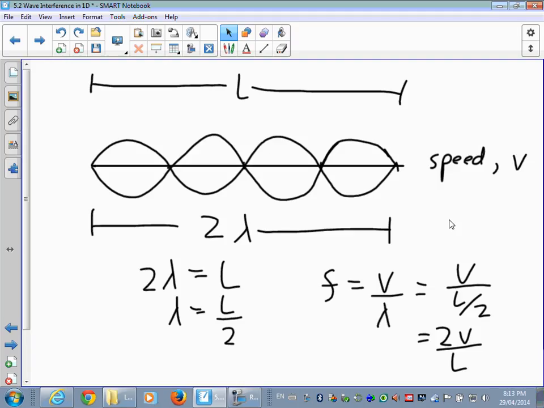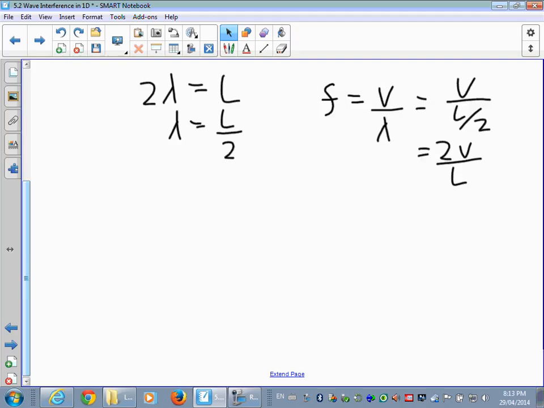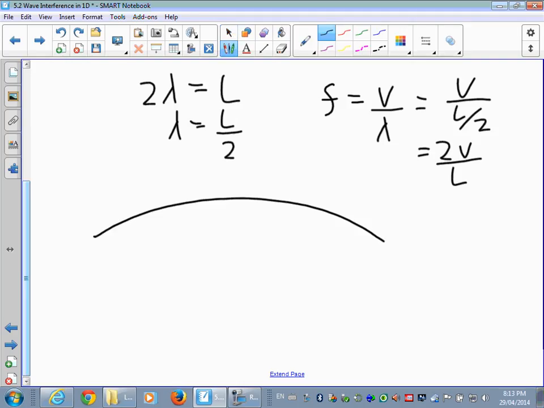The simplest standing wave that we can get has basically just one fixed end on the very end and one other fixed end on the other end. So it would look kind of like a skipping rope. It would look like that. That is the simplest standing wave that we can get.